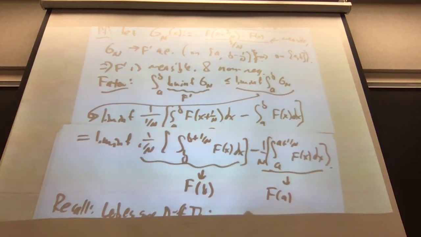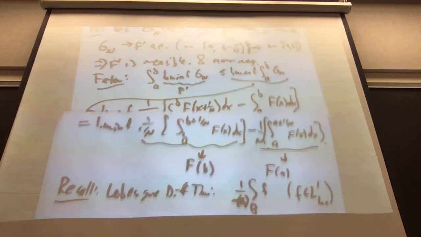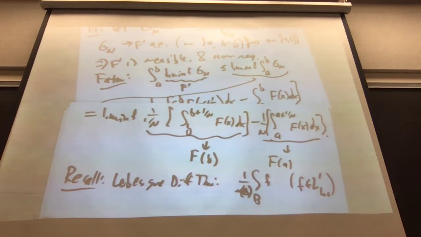What we proved was something like, if you look at the integral over a ball, and you divide by the measure of the ball, of an integrable function f, in fact, it didn't even have to be integrable, just locally integrable. You remember this? And you take the limit, first of all, the limit exists as the measure of the ball goes to 0.